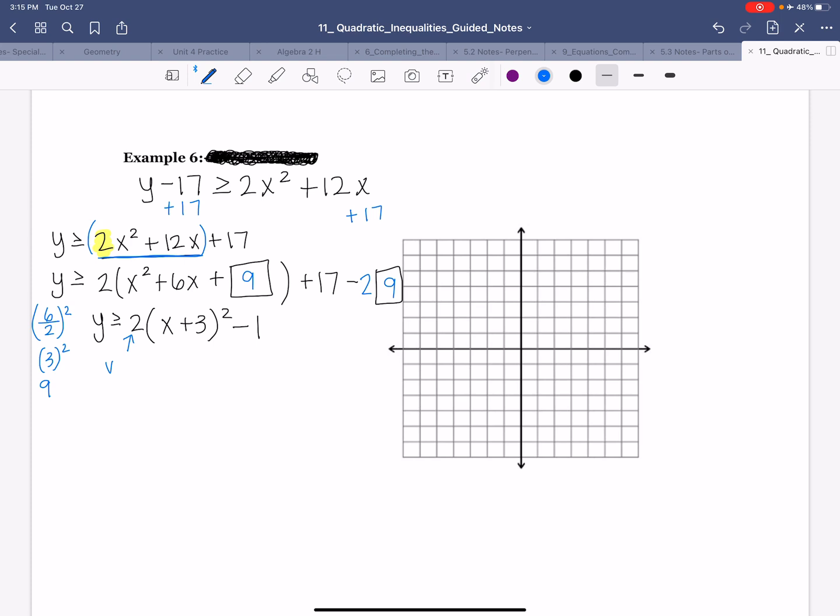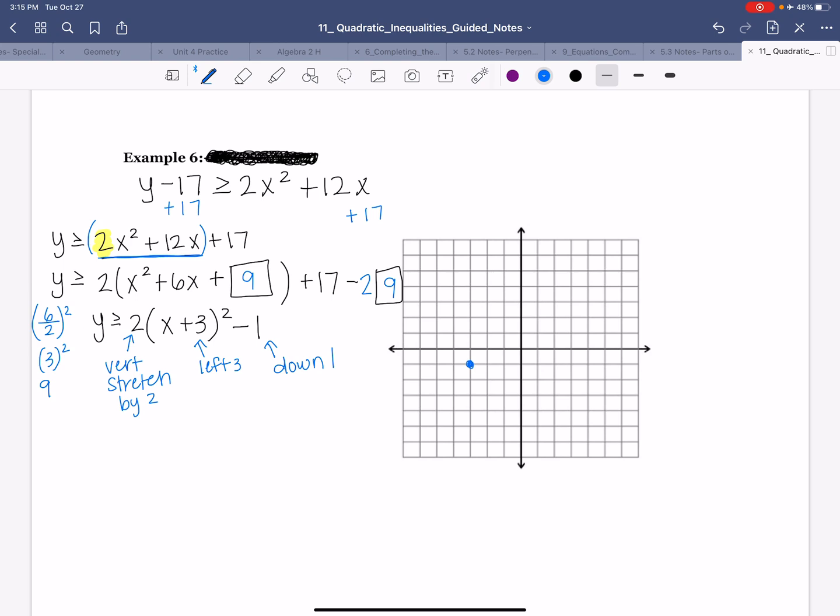This is a vertical stretch by 2. This is opposite of what you think: left 3. Same as what you think: down 1. So left 3, down 1, that's going to be my vertex.